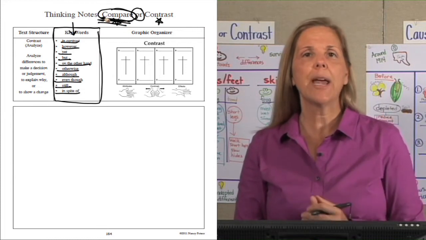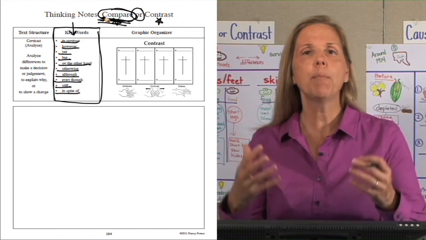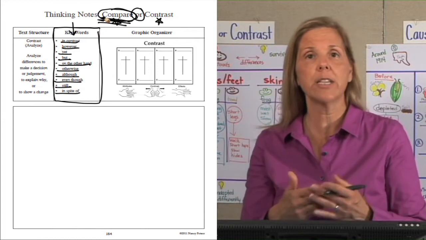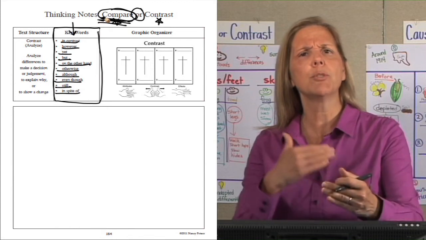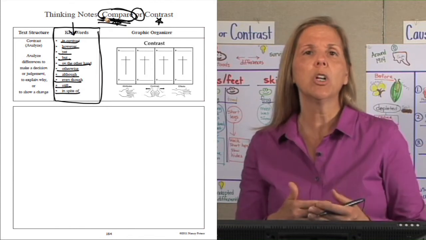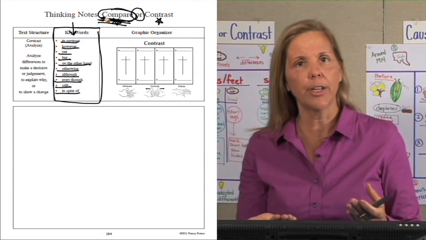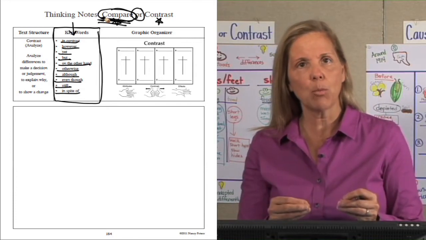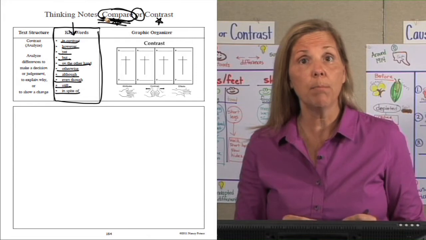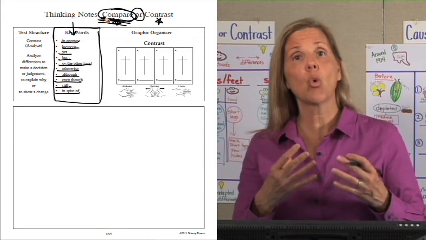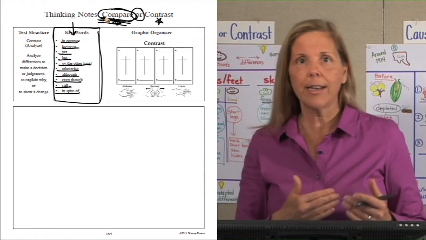And what are we going to compare? Literature. Let's compare two characters from two different stories. We will compare Goldilocks and Little Red Riding Hood. In this comparison, when we finish, it will become informative explanatory writing, not a narrative.